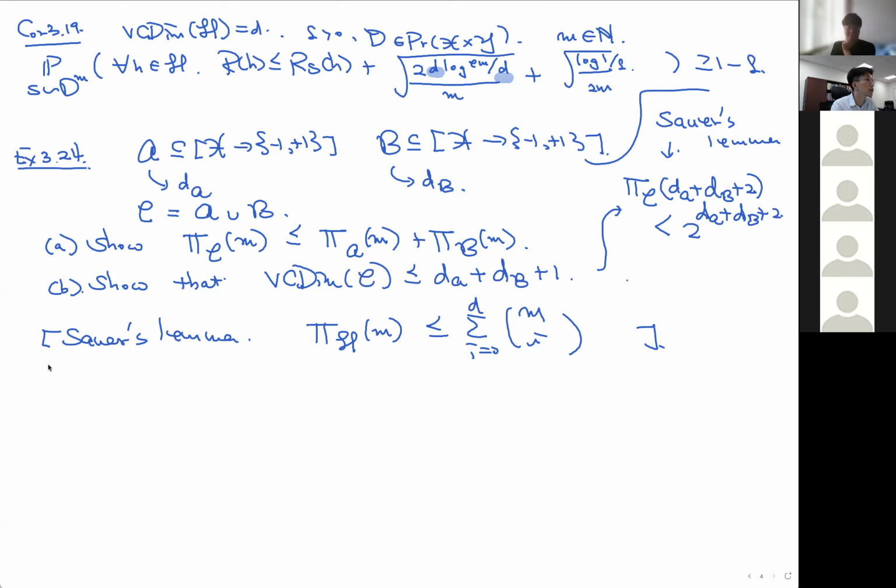Okay, so here's the solution for this exercise for A. How do we prove this?